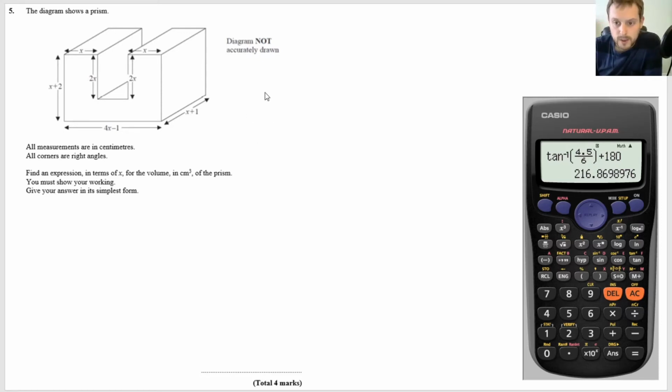So first of all, let's remind ourselves that the volume of a prism is the area of the cross section multiplied by the, well, either depth or height of the prism, depending on how it's drawn. So in this situation, because it's kind of going into the page, you might call that the depth.